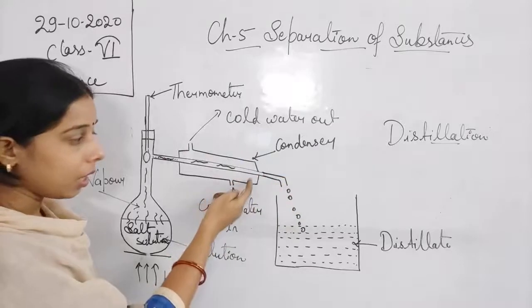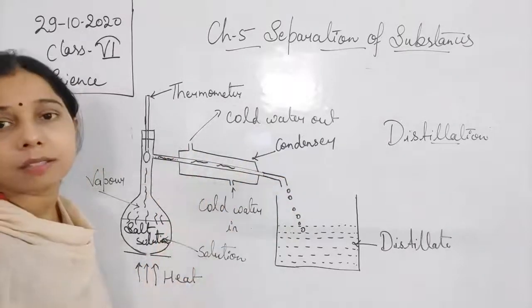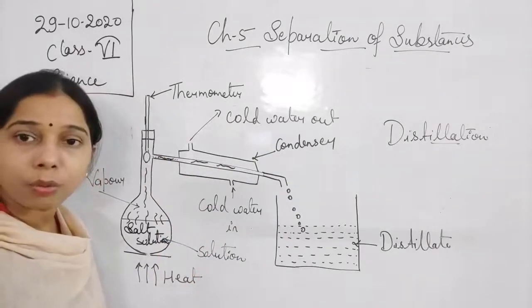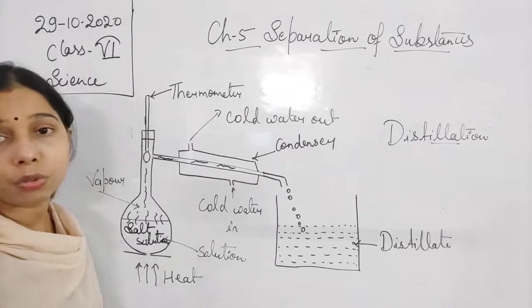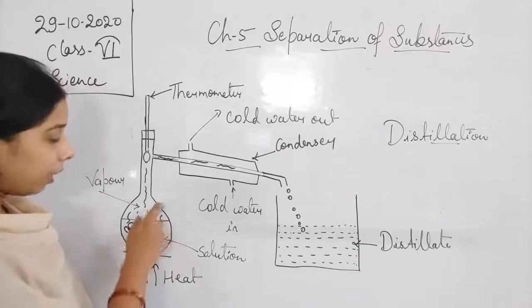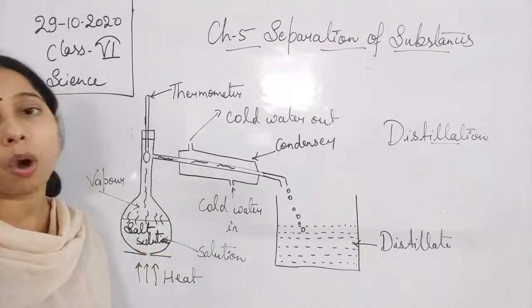So from one side the water is coming in, and on the other side the water is coming out. So you see that when you supply cold water, due to the process of condensation, this water vapor will get converted into water droplets.